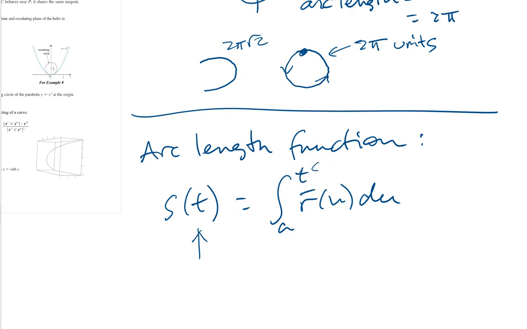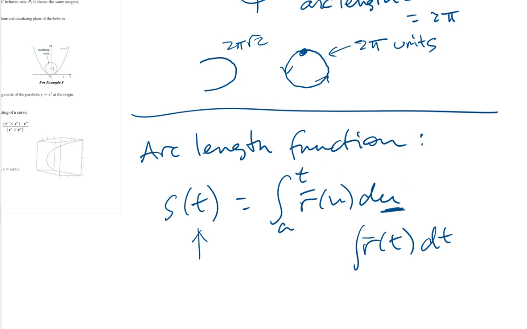So I've got to change my variable. So instead of integral of r prime of t dt, I'm changing the variable to u, because we can't have the same variable that we're integrating against as we have as a limit of integration.